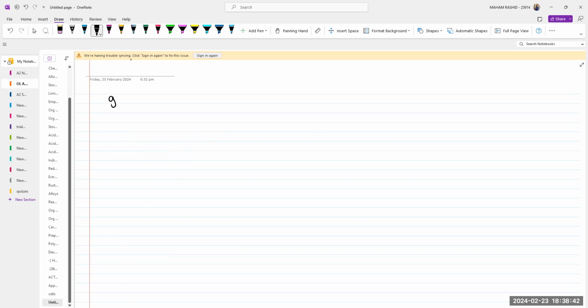So we start with group one. First, we shall do reactivity and electronic configuration.